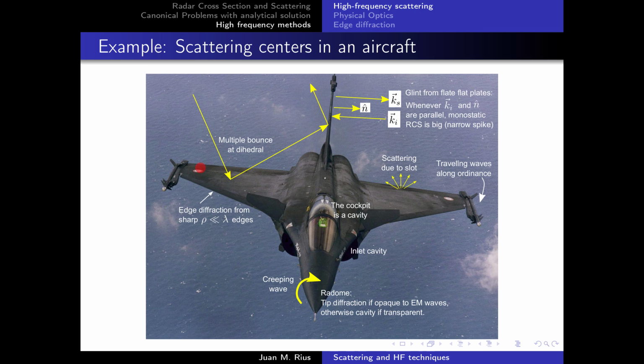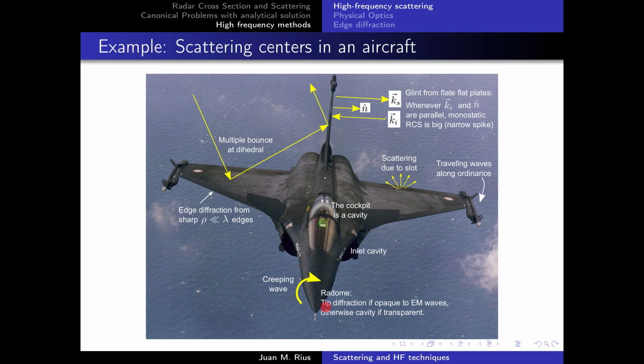So also if the incidence is like this, the reflection goes back to the radar. It's important to account for this. We have edge diffraction, for example, at the leading edge of the wings or the trailing edge of the wings. We also have scattering at the slot between the horizontal stabilizers and the wing.